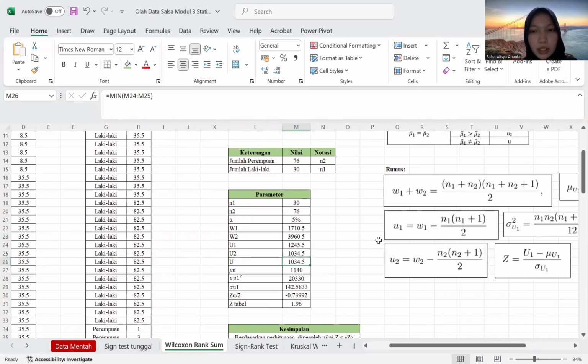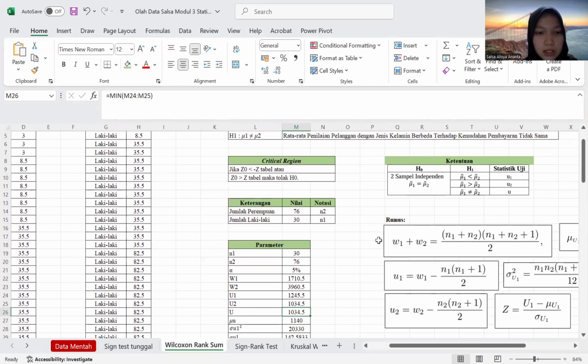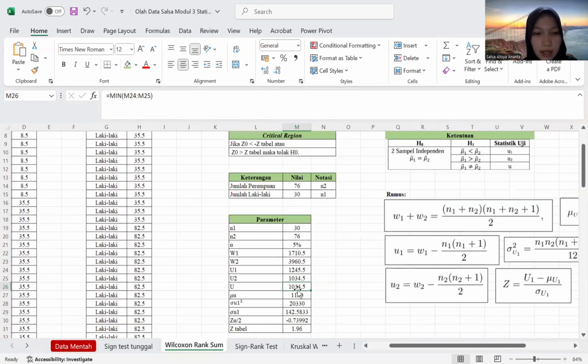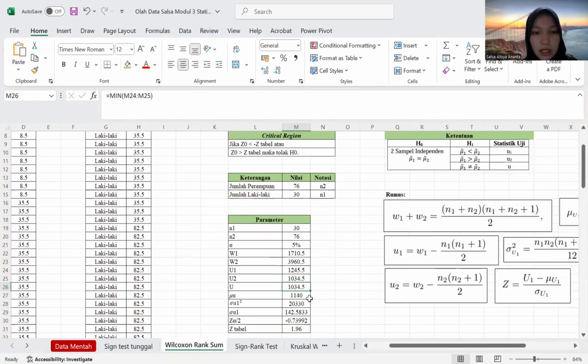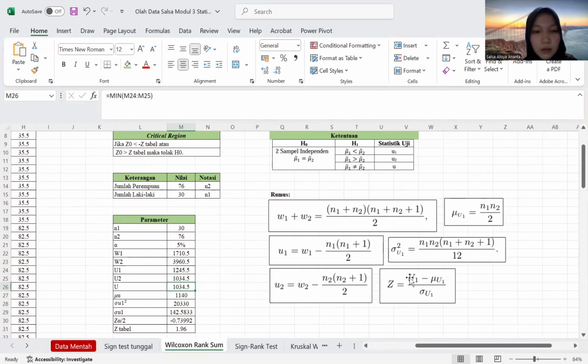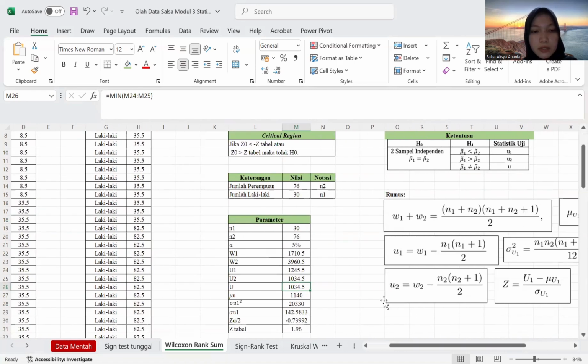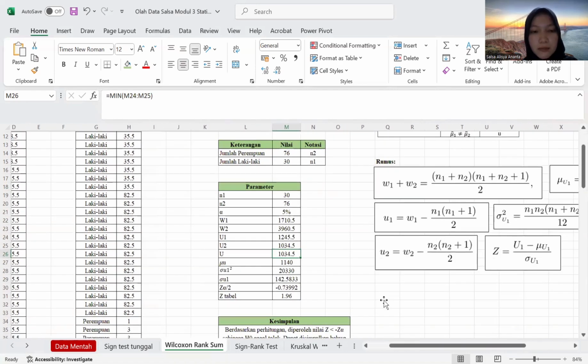We use U here because our alternative hypothesis is not equal to. After that, the mean and standard deviation of U can be calculated using the following formula, and then the calculated Z is obtained using the formula on the screen.